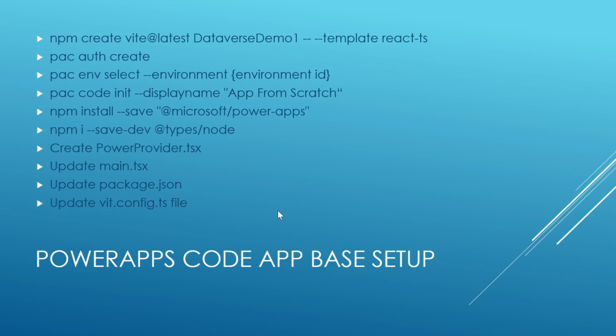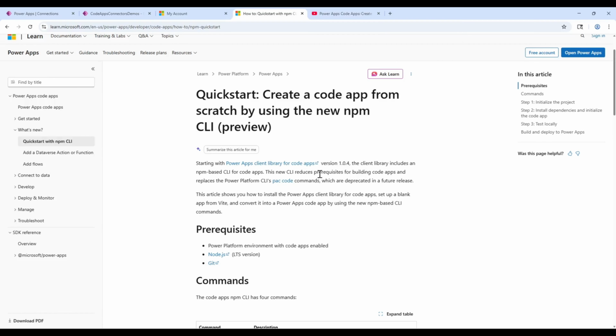Now, using the CLI, it has become quite a bit easier, and this is very much aligned with all the modern tool sets available to scaffold projects for us as developers.